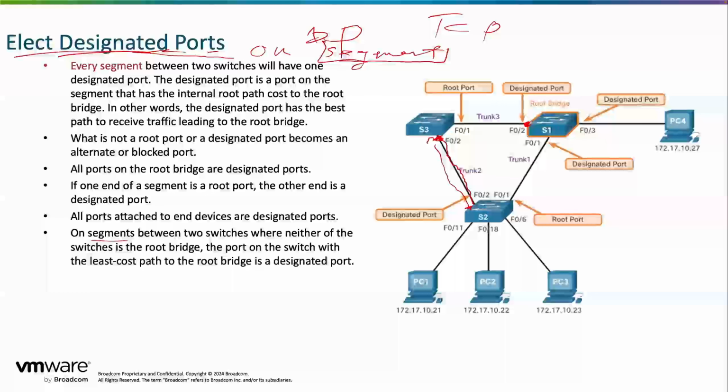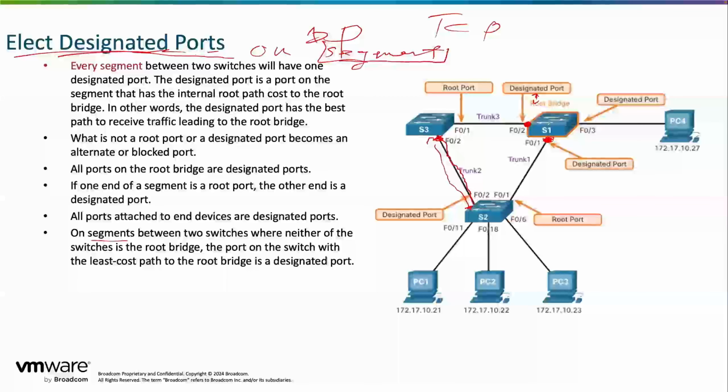Definitely this one is closer, because this one resides on the root bridge itself. So this one is the DP for this segment. For this black link, this one is the DP, without a doubt. For this S2, S3 link, which one is closer?